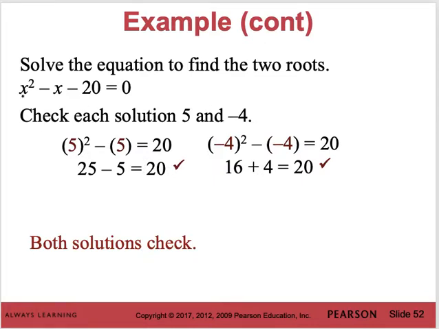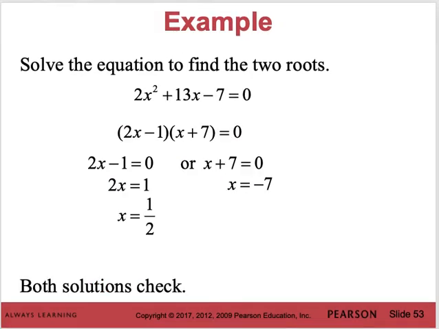So let's check those and see if it makes sense. If we replace x with 5, we'd get 25 minus 5 equals 20, and that is true. If we replace it with a negative 4, we'd get 16 plus 4 equals 20, and that is true. So x can equal 5 and also equal negative 4.